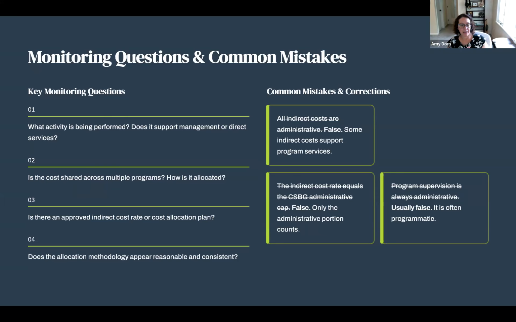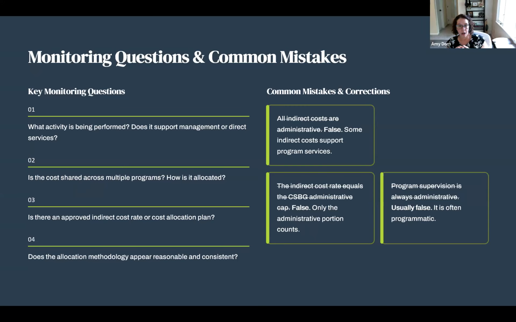And if they have a submitted and approved cost allocation plan, then part of the monitoring is to make sure that what they are actually performing as their cost allocation ties to the methodology they have outlined in that cost allocation plan. And does their allocation methodology appear reasonable and consistent?